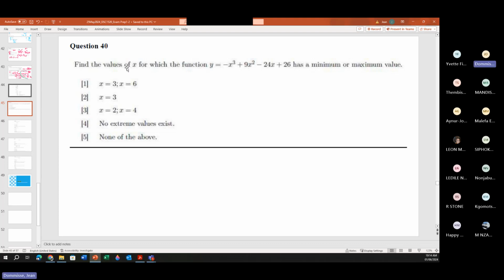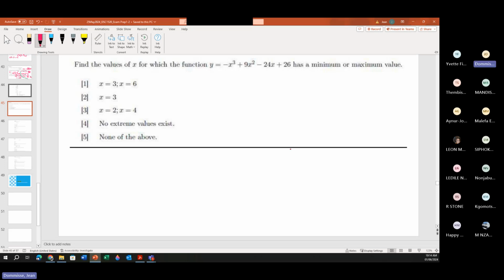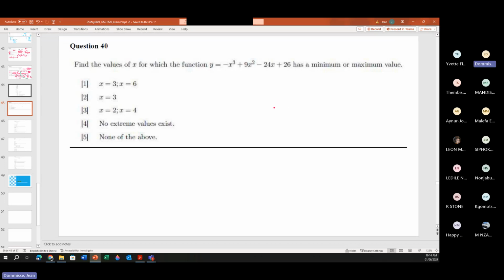Okay, so find the values of x for which the function minus x3 plus 9 to the power of x2 has a minimum or maximum value. So minimum, maximum values that we will need to work out.